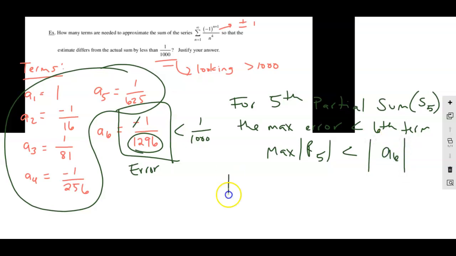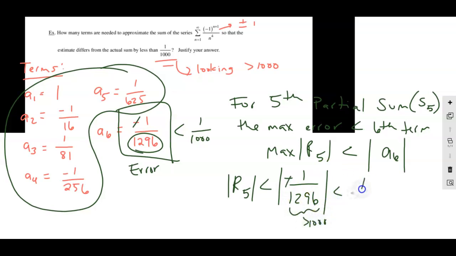The maximum remainder is less than, it's not less than or equal to, it's just less than, the absolute value of -1 over 1296. The negative doesn't matter, right? But since this is bigger than 1,000, I know that fraction overall is going to be less than 1 over 1,000. So the 1 over 1296 term was my error term. That means everything before it, the first 5, had to end up being my partial sum.